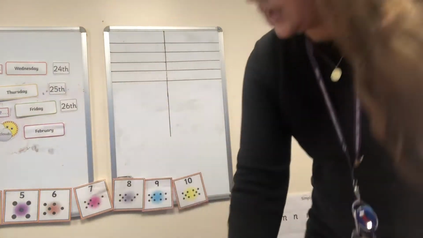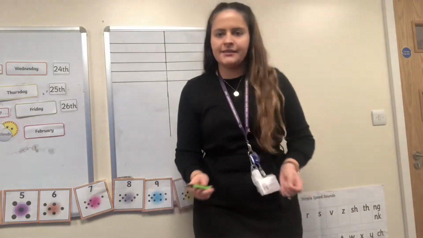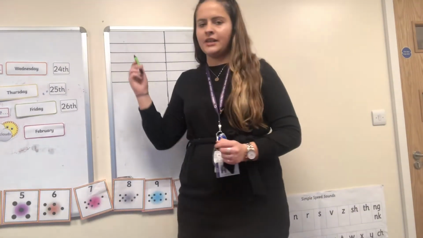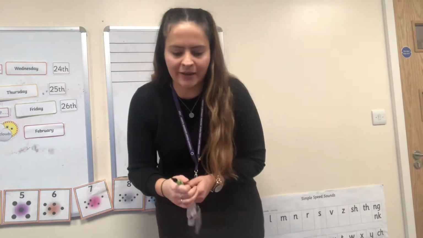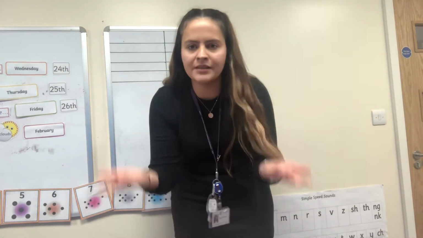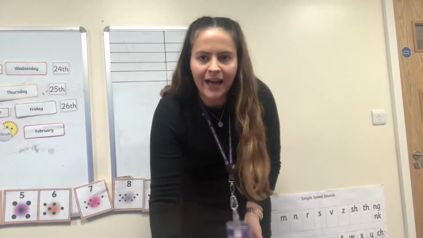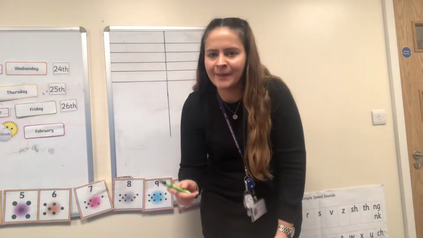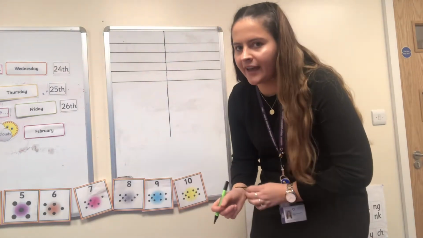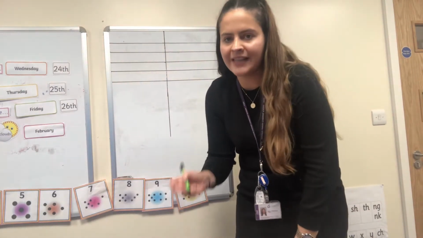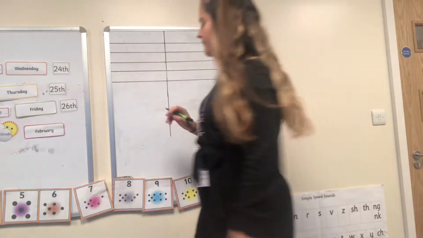Well done. Our first sentence for our first box, we're going to use some story words. So the first story word we're going to use is once upon a time. Now I'm going to help you with this because the spelling is very, very tricky. So I'm going to help you with the story words, okay? So once upon a time is our first part. So let me write it.